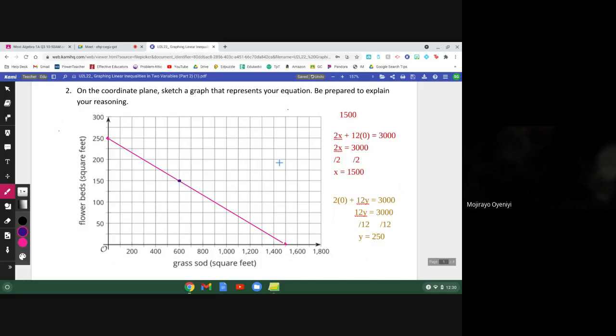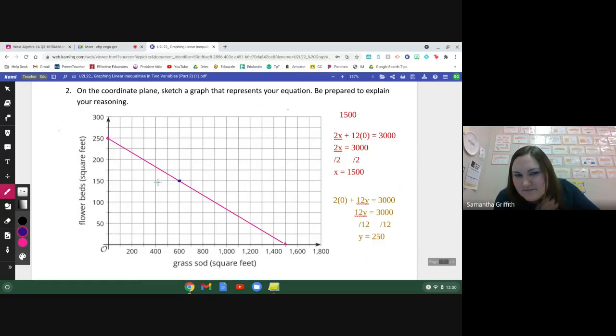That means that if we do the calculation, she was able to buy 150 square feet of flower bed and 600 square feet of grass.